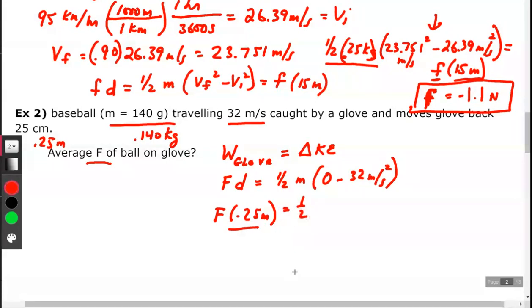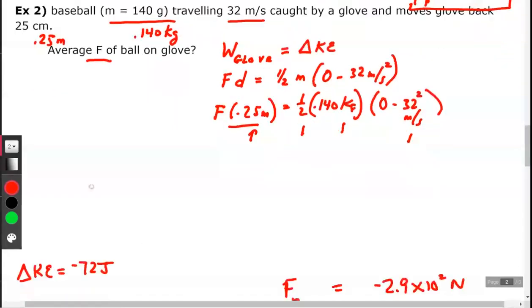So 1/2. Now the mass of the baseball is 0.150 when we turned it into kilograms, and we just do the math here. This is 0 minus 32 meters per second squared. And so we have a math problem now. I would square this, multiply by this, multiply by this, and then divide it by 0.25. And let me scroll up and see what we get.